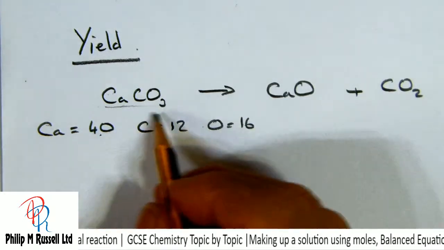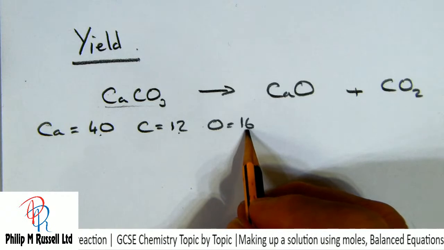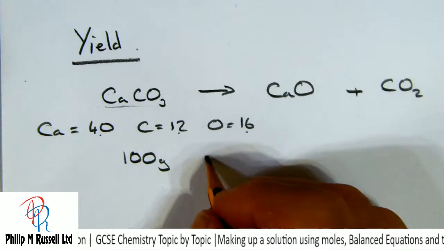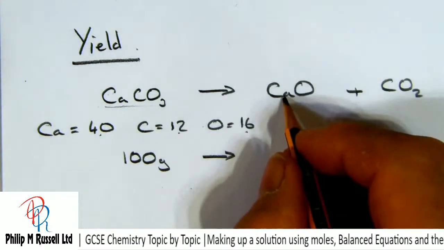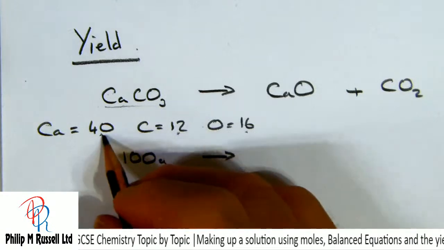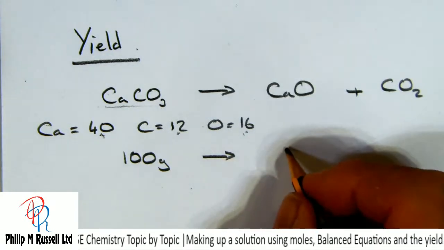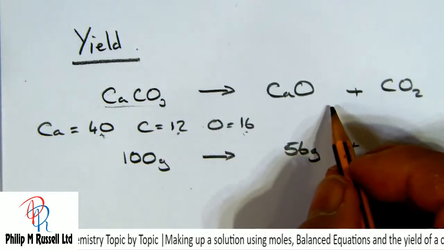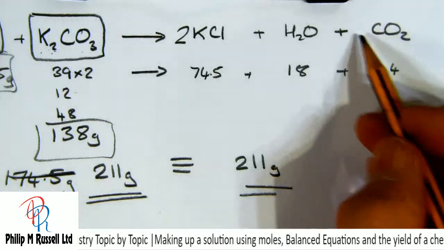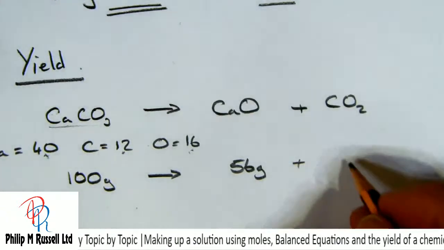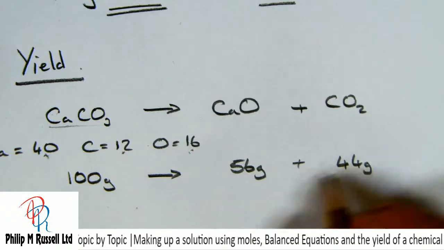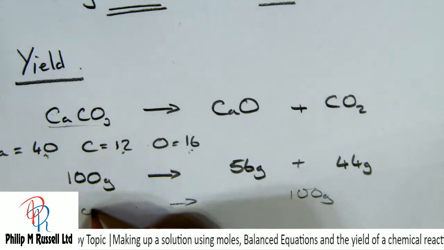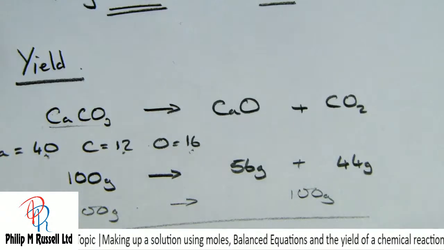So we've got 40 plus 12 plus 3 16s, which is going to give me 100. 100 grams of this would give me 40 plus 16, which is going to give me 56 grams, plus carbon dioxide, which I've worked out already up the top there, which is 44. And 56 and 44 give me 100. So I know we've got a balanced equation.